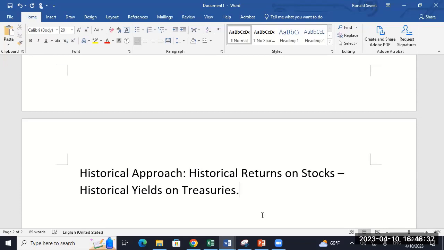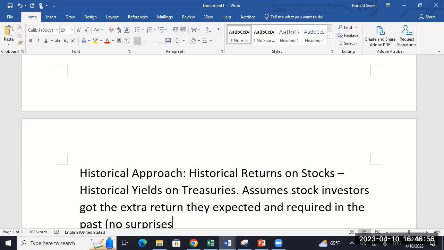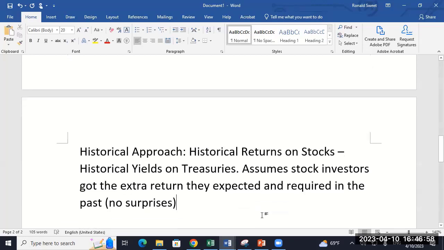And so his assumption is stock investors got the extra return they expected and required in the past. That is, no surprises. So if they got an extra 5% return, that's what they needed when they got in the stock market. If they got an extra 7% return over treasuries, that's what they needed.